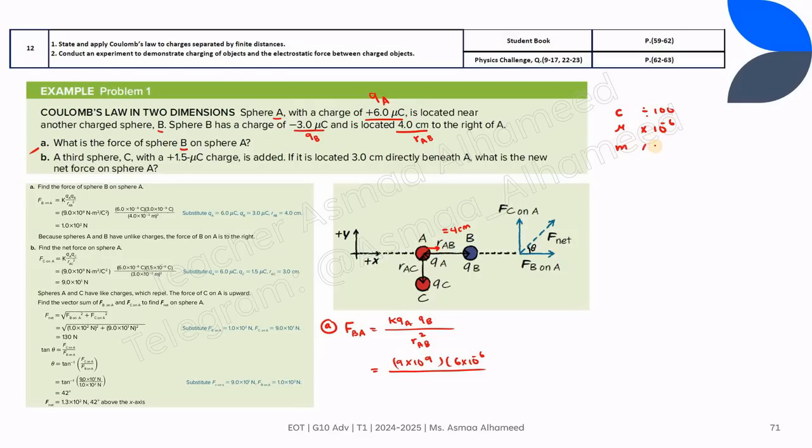When you have M you multiply by 10 to power minus 3. When you have N you multiply by 10 to power minus 9. So here we have minus 6, and the second charge is 3 times 10 to power minus 6 over the distance between them, which is 0.04 squared. The force we get will be 101 Newton. In which direction? It will be to the right because the charge is attracted to the right.